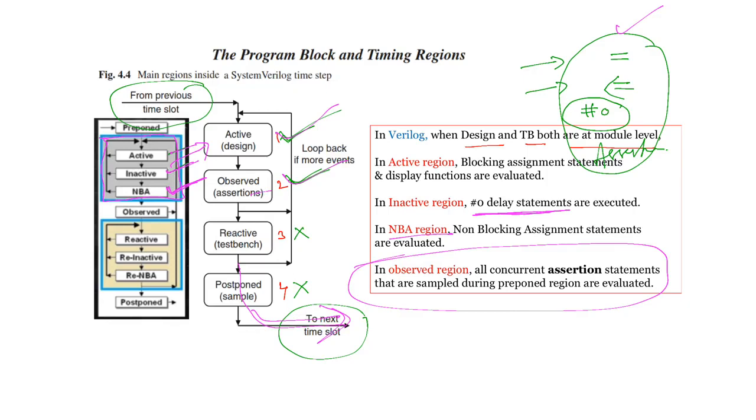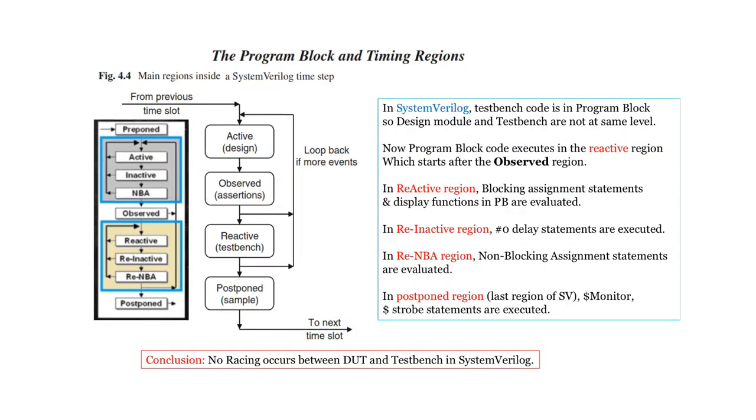For that purpose, SystemVerilog includes the program block. So in SystemVerilog, test bench code is in the program block. So the design module and test bench are not at the same level. Due to this, SystemVerilog understands that first the statements related to the DUT block, that means the module block, are executed in the active and observed regions.